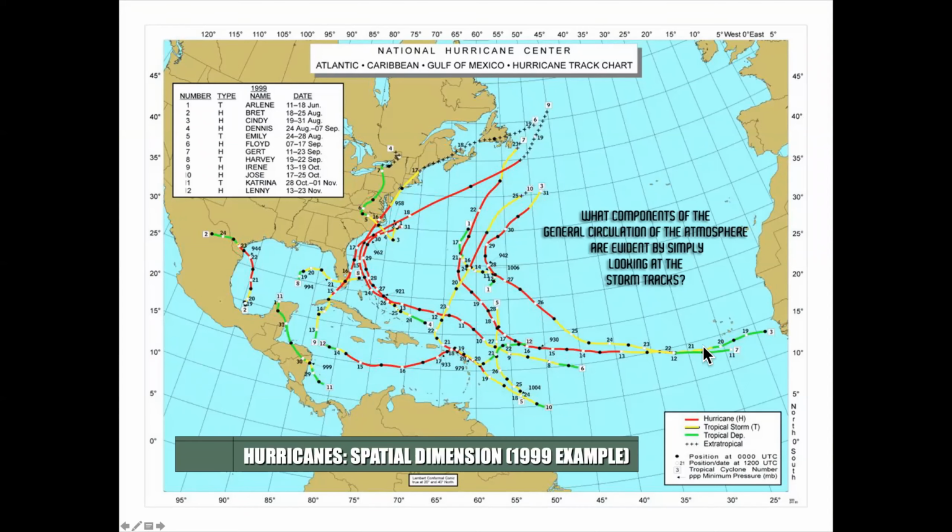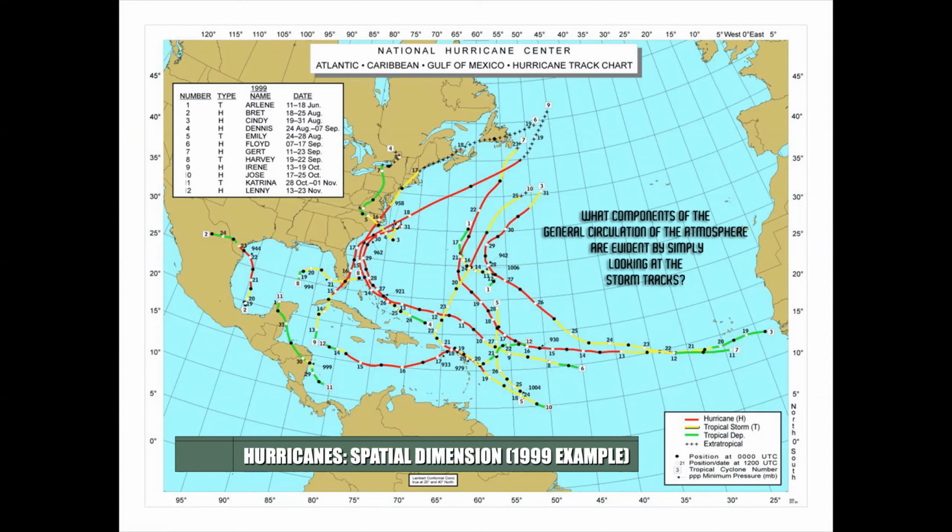East, west, east, west, east, west, and then at some point, turn, north, northeast. So not every hurricane does that, but the majority of them do that. So this is showing you the global circulation model affecting hurricane tracks.